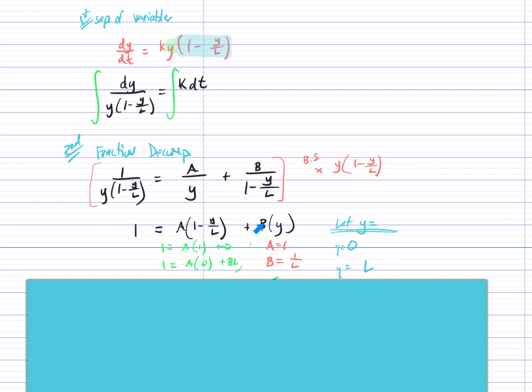Letting y equals 0 cancel out this term, allowing us to find a, and letting y equals L will cancel out this term. That would be 1 minus 1 if y becomes L. That would be 0y. So that term will cancel out, and we'll find that b is 1 over L. So we can rewrite this integrand as 1 over y plus 1 over L over that.